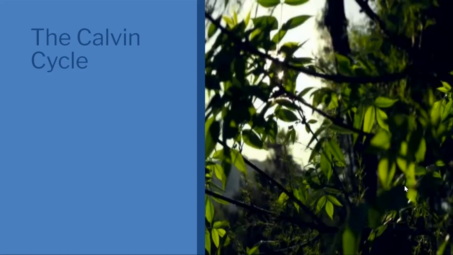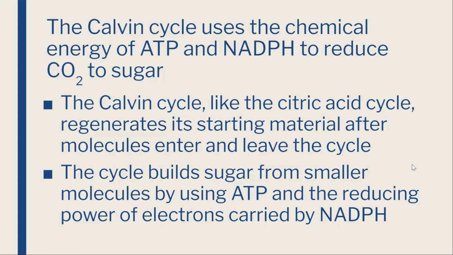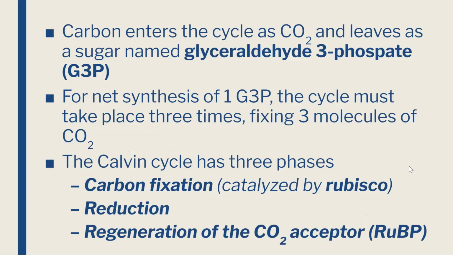So we'll take a closer look now at the Calvin cycle. The Calvin cycle, again, is going to use the ATP and the NADPH to convert carbon dioxide into sugar. We'll see how it does that. Three molecules of carbon dioxide will go into the Calvin cycle, and they will get converted into a molecule called glyceraldehyde 3-phosphate, also known as G3P.